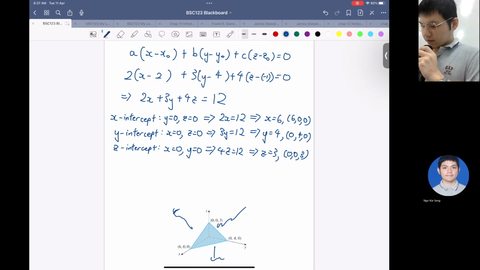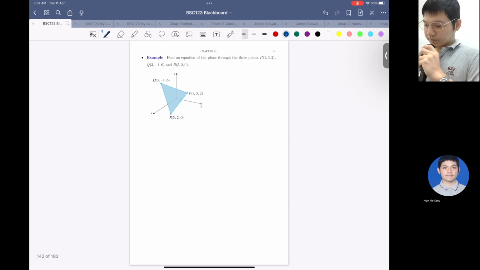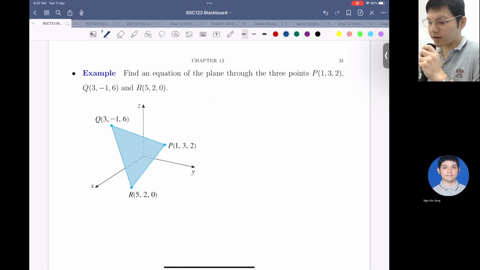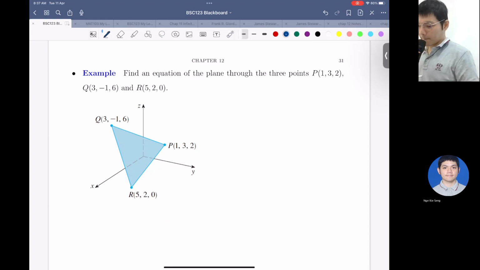Okay, next. Find an equation of the plane through three points. They give you three points and ask you to find the equation of the plane. What information do you need for a plane? A point and a normal vector. Now you have three points, more than enough, but you still need a normal vector.